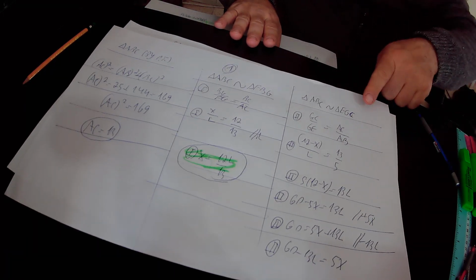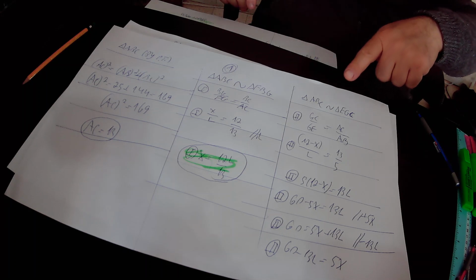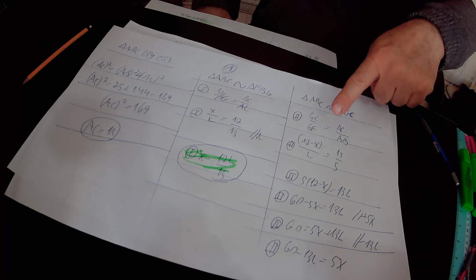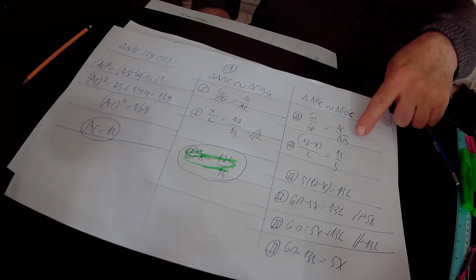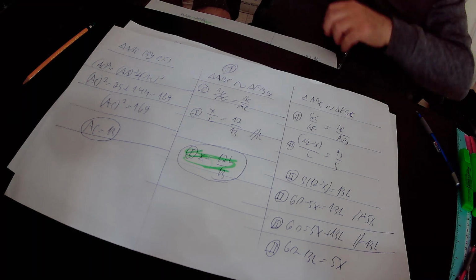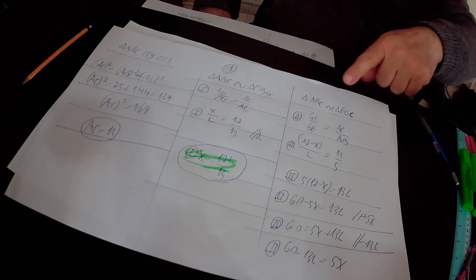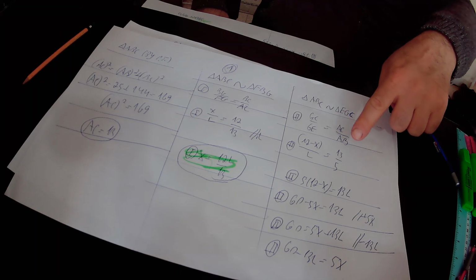GC is 12 minus X, GE is L, AC is 13 and AB is 5. So according to equation 2, 12 minus X over L equals 13 over 5.